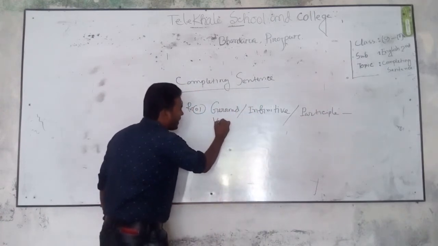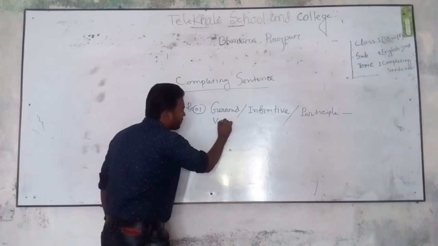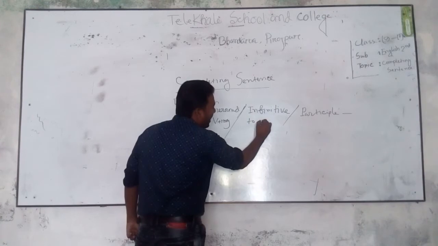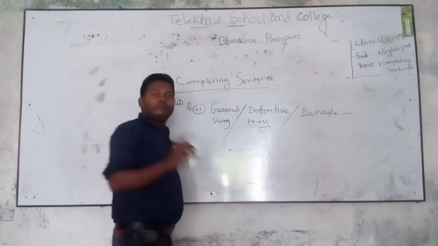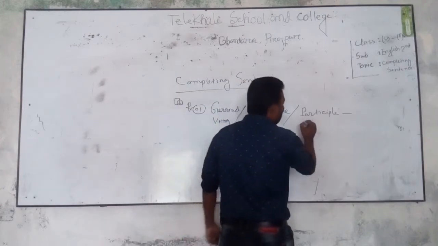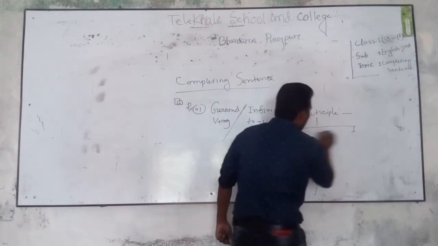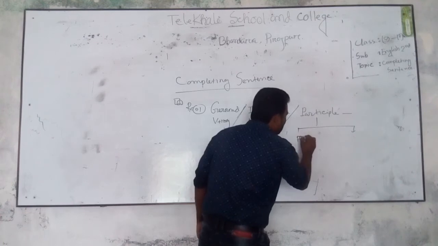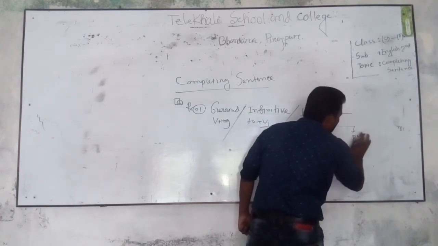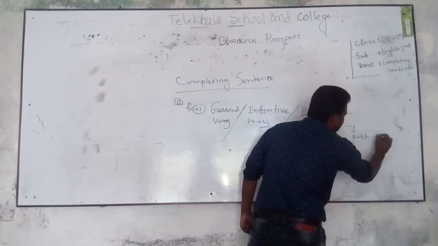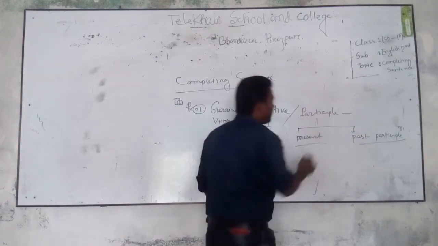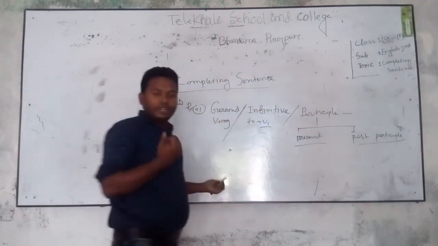Gerund means verb plus ing. Infinitive means to plus verb 1, that means the base form of a verb. And participle, you can use it in a way, present participle and past participle.